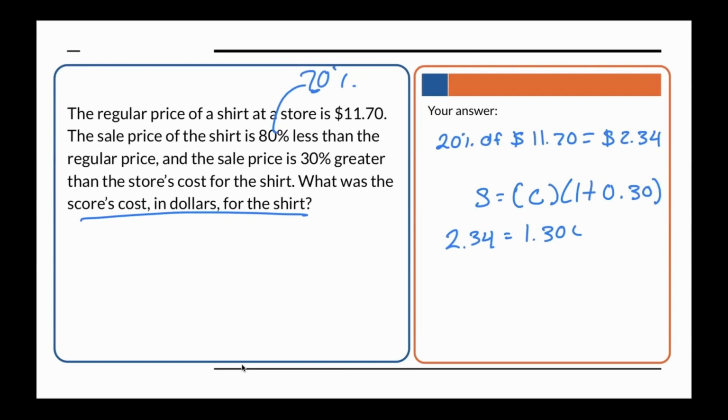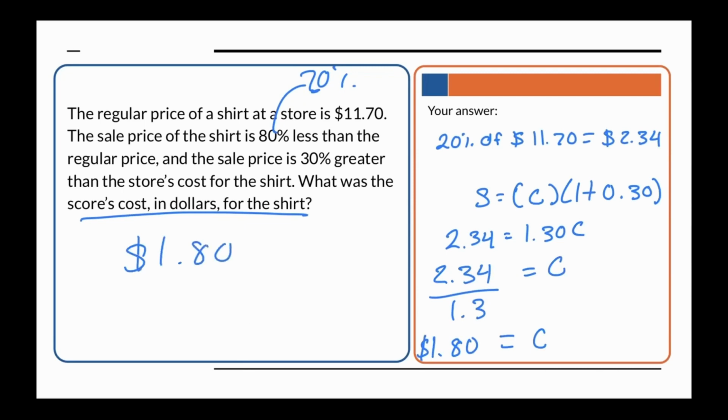And then we have 2.34 is the sale price, and it's 1.3 C. So C equals 2.34 divided by 1.3. And so C equals 1.80. And so the answer is $1.80.